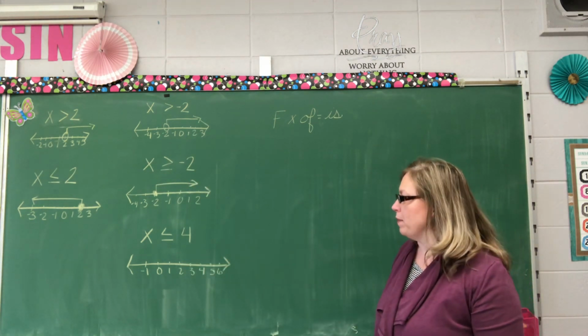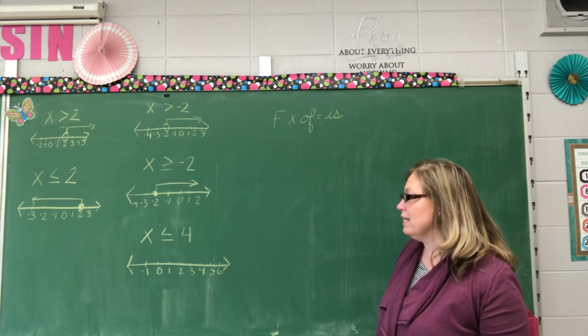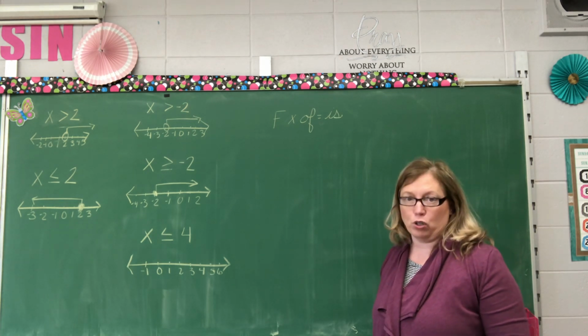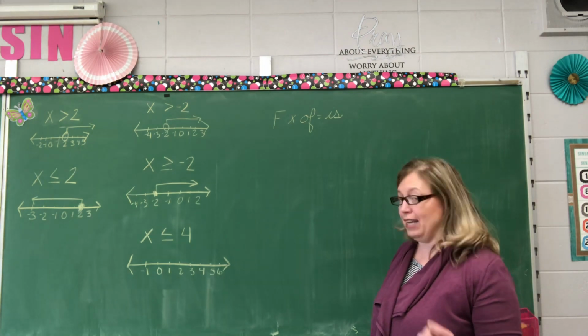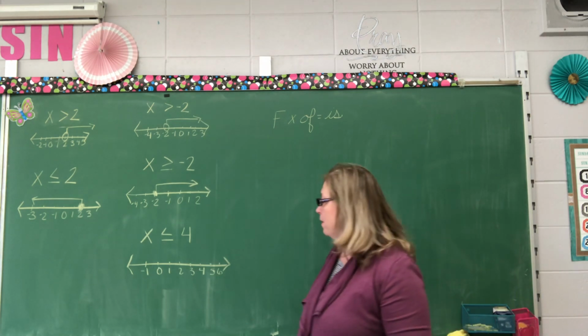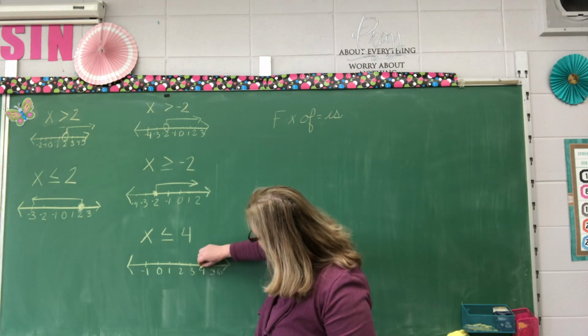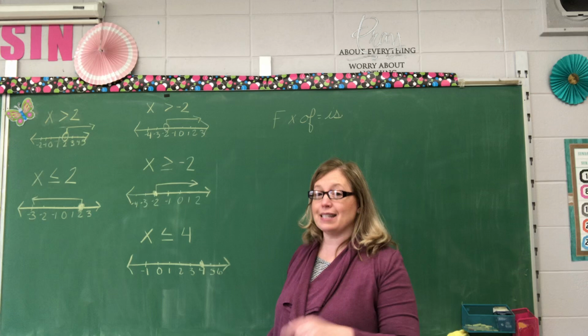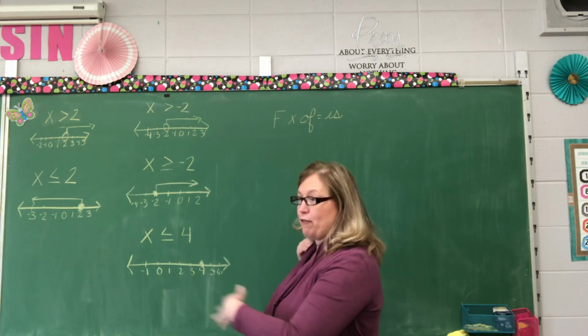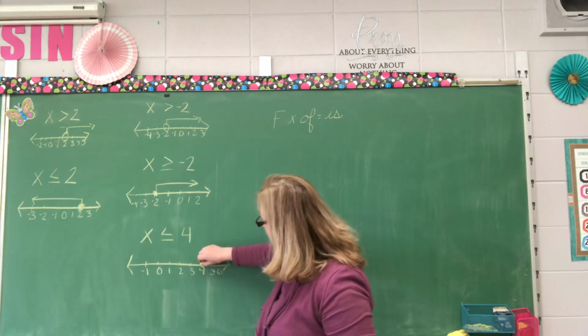Look at this last one. X is less than or equal to 4. Okay, since x is equal to it, I'm going to color it in. So I'm going to find the 4, color it in. X is less than 4, so do I go to the left or the right? I go to the left.